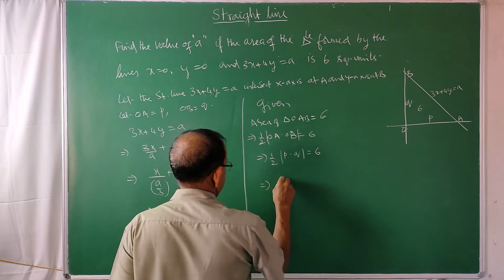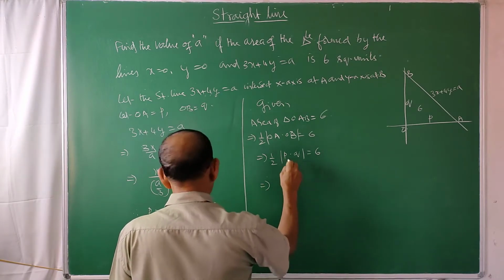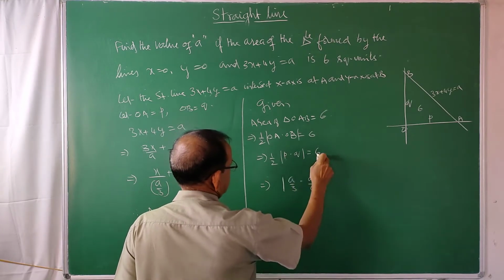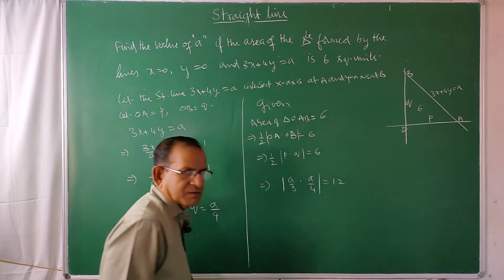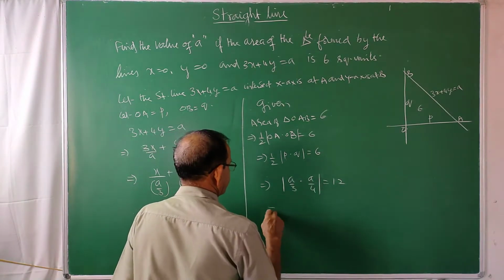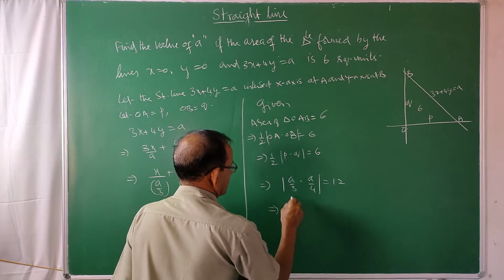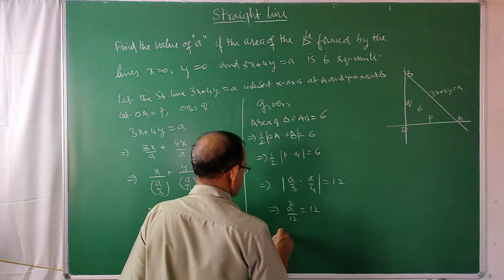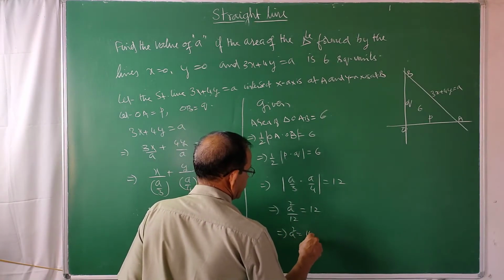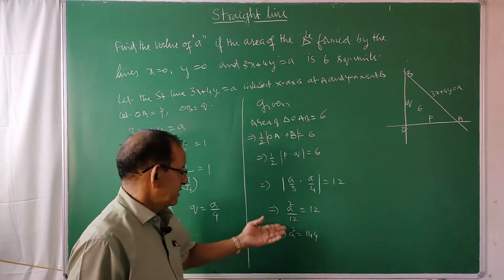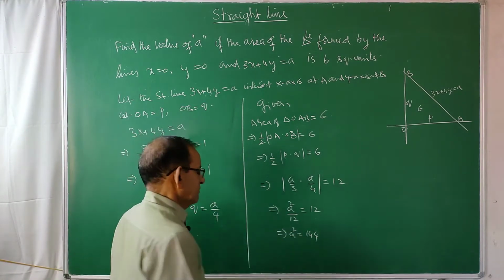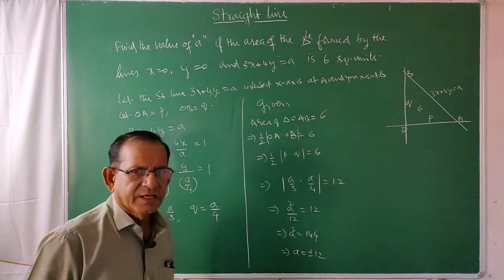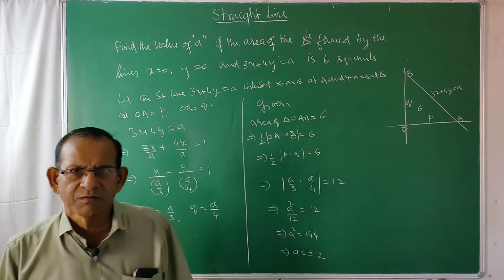Now substitute p as A by 3 and q as A by 4, and take cross multiplication: 2 into 6, that is 12. So that is A square by 12 is equal to 12. Modulus is not required for A square because it is already positive. That implies A square is equal to 144 after cross multiplication. If A square is 144, A is plus or minus 12. So two values are there for A, which are plus or minus 12.